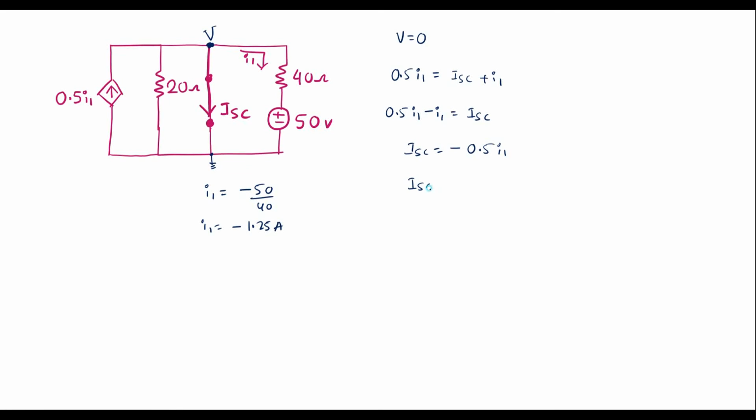Therefore I can write ISC is equal to minus 0.5 into minus 1.25. Simplifying this, we get ISC is equal to 0.625 amps. So this is the short circuit current ISC. Therefore we can find RTH.